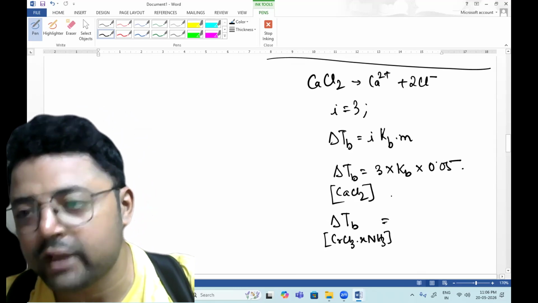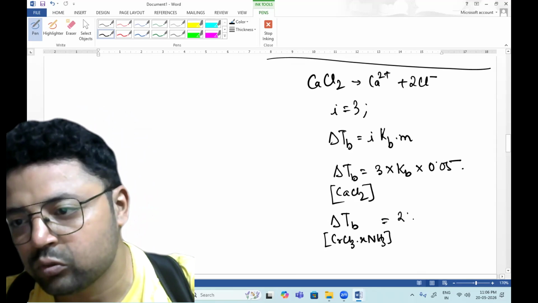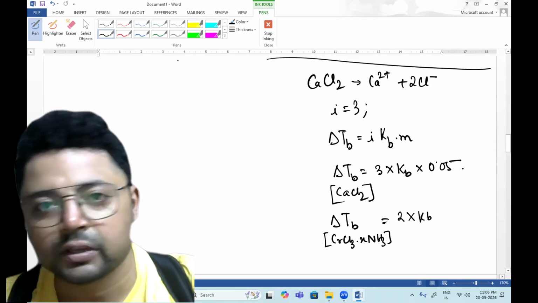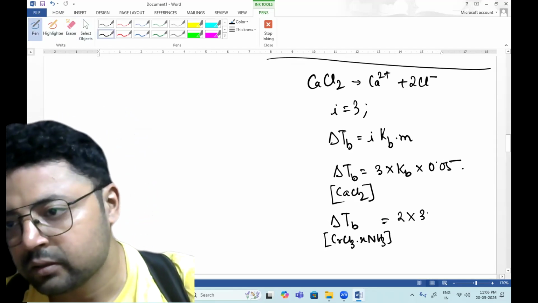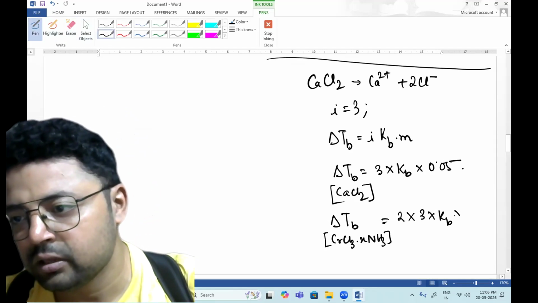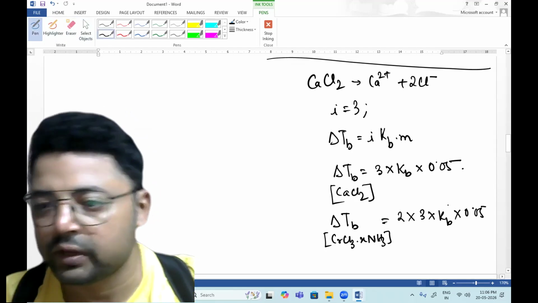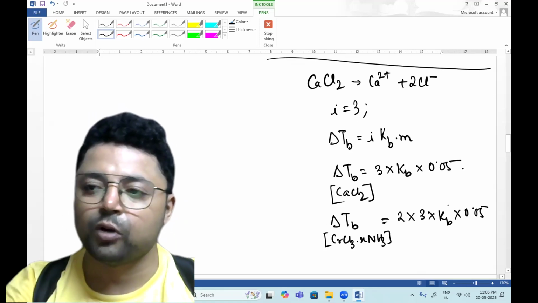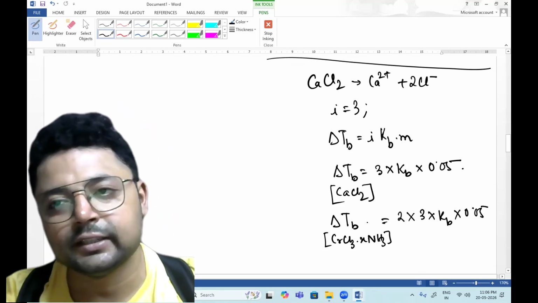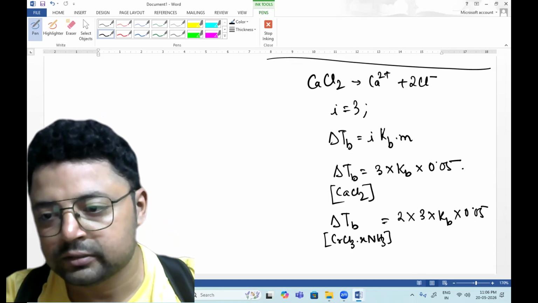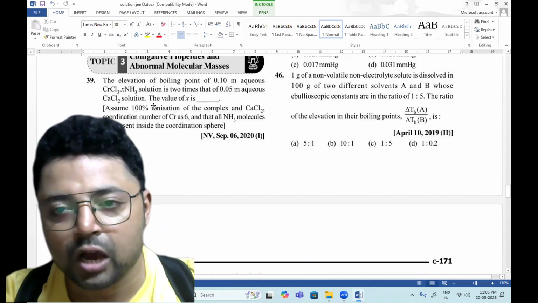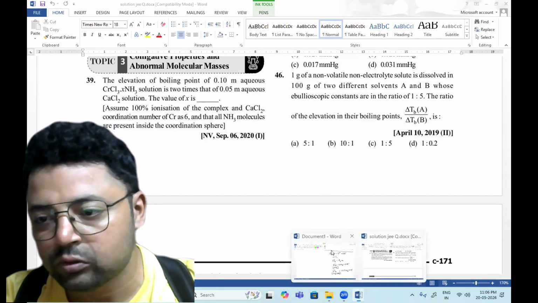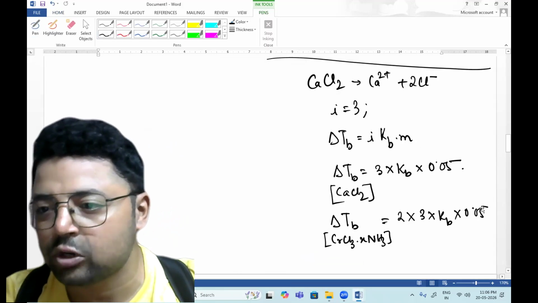It is twice of this. So 2 times, sorry, 3 Kb times 0.05. So this is the elevation of boiling point for this. Understood? So now you have this value as 6 times 0.05.